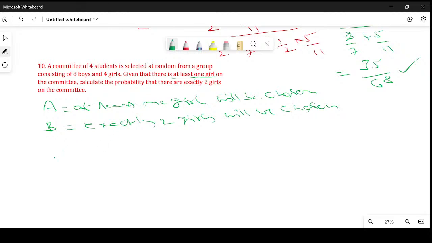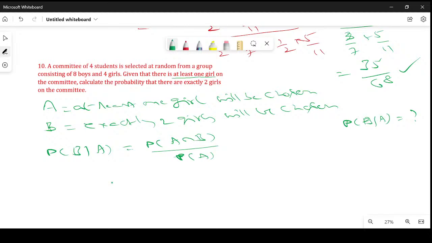That means they are asking to find the probability of B given A. You should find P of B given A. So what is P of B given A? It is P of A intersection B divided by P of A. We should find P of A intersection B and P of A.